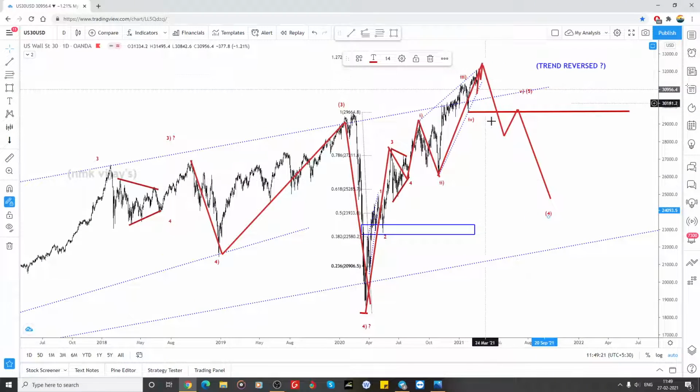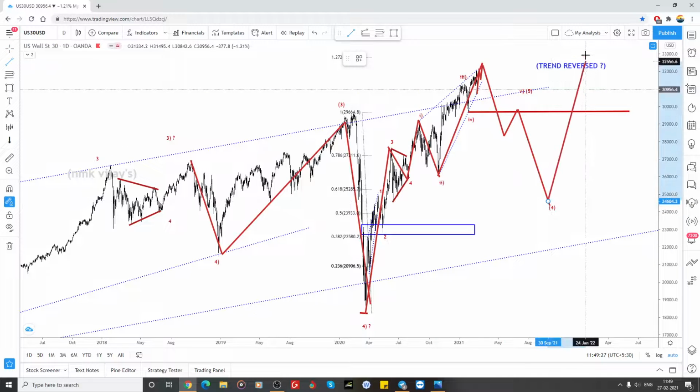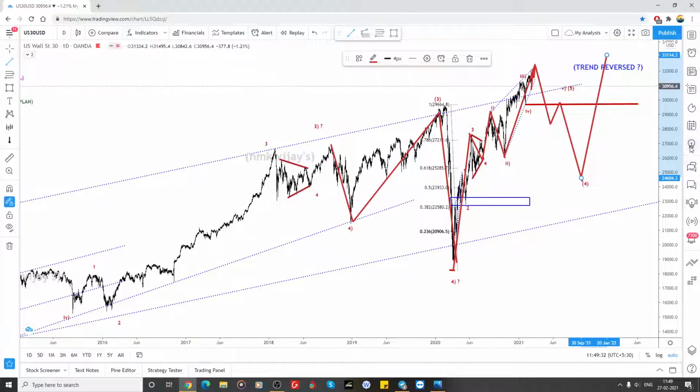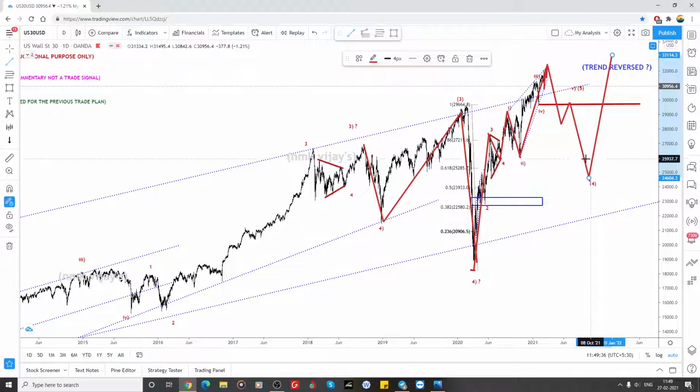So this could be the end of the fourth wave also, and then again it can shoot, because the stocks look so bullish. So this could be a pullback, and then again it rebuilds, and again it can shoot for that fifth wave also.